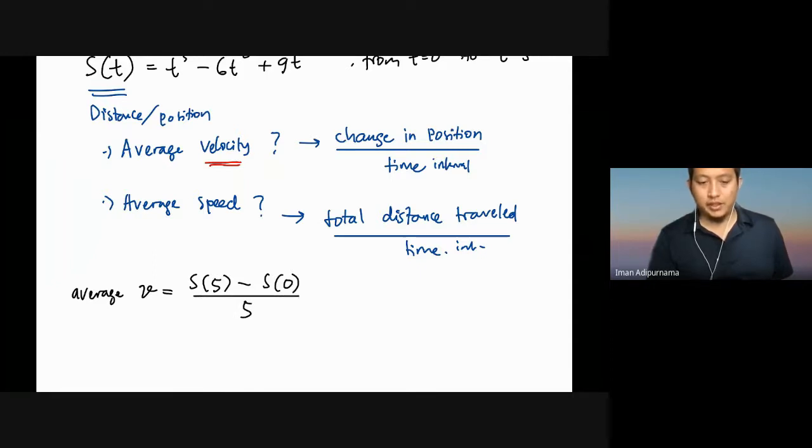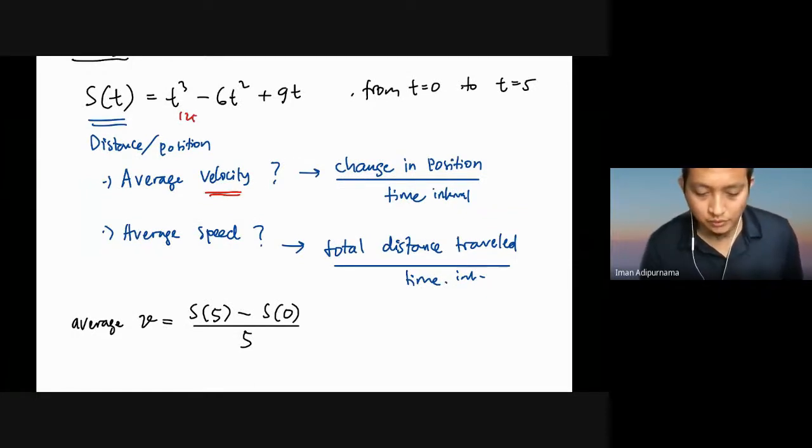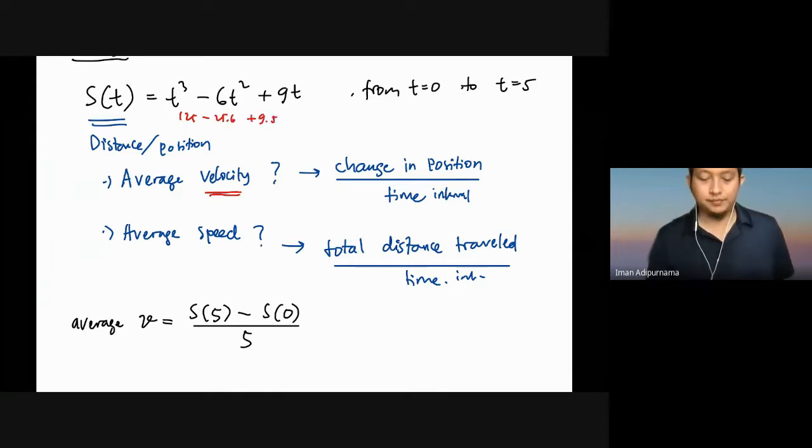S5 we can check here: 5 cubed is 125, minus 6 times 25, plus 45. 125 minus 150 plus 45 is 20, right? So it's 20 over 5. This will be 4 meters per second.